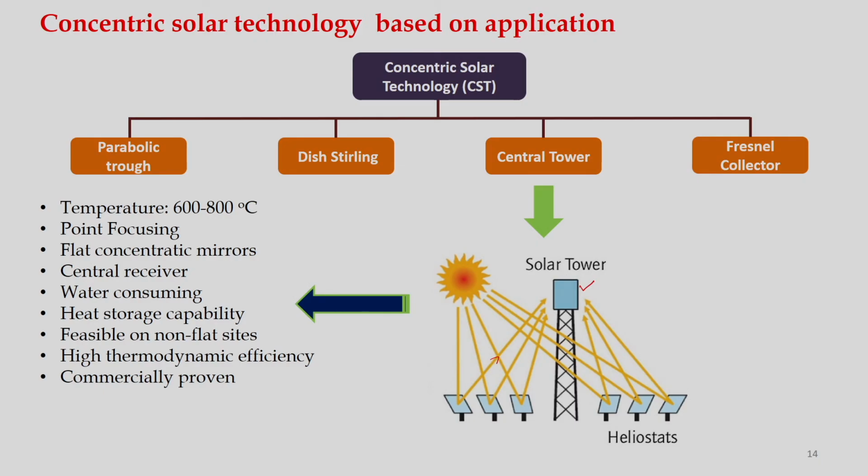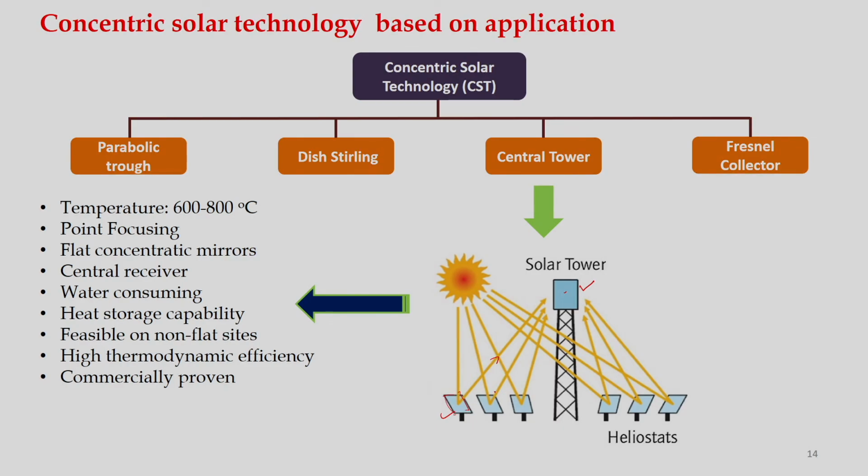So, very high temperature will be attained here, and then that has to be carried by using some kind of arrangement we will discuss. So, in this kind of arrangement, temperature can go up to a value of 800 degree Celsius, okay. Of course, it uses a point focusing device, and also as you can see, these are flat concentric mirrors, okay.